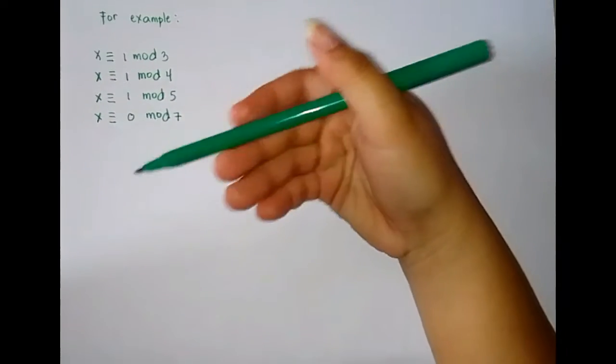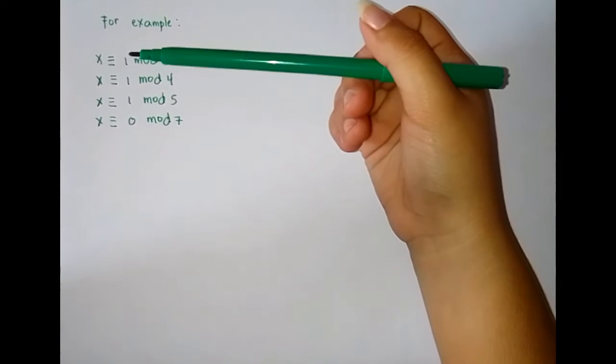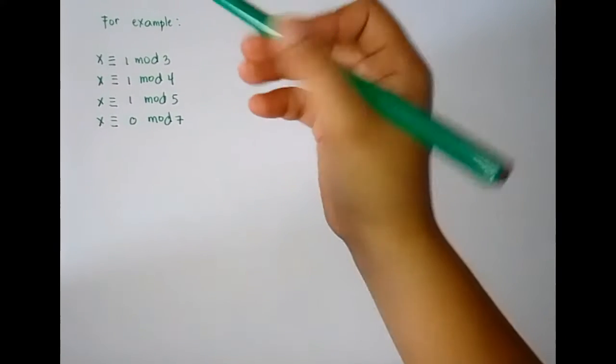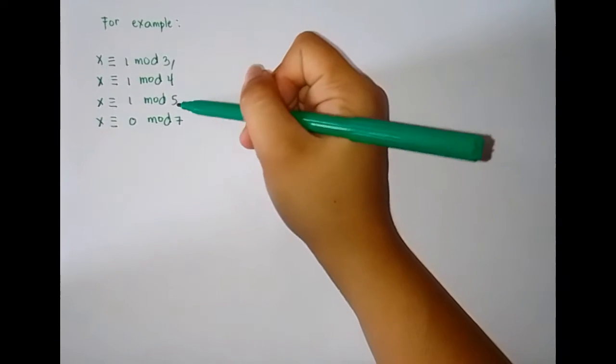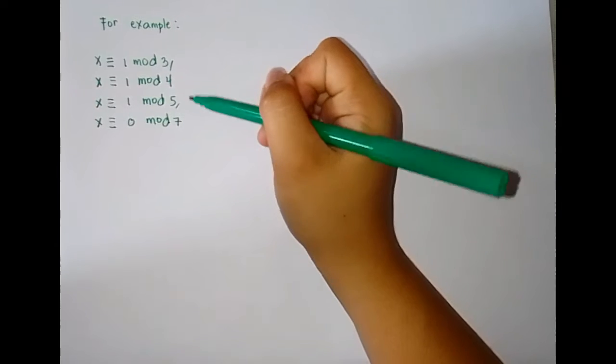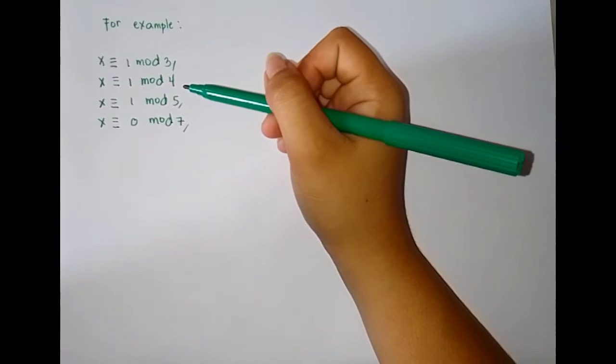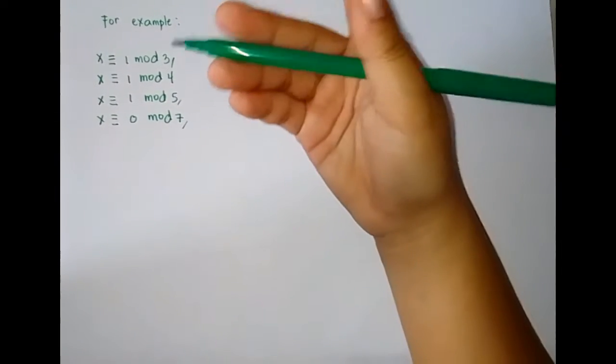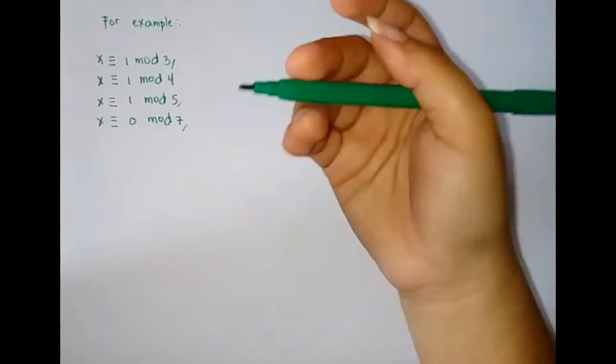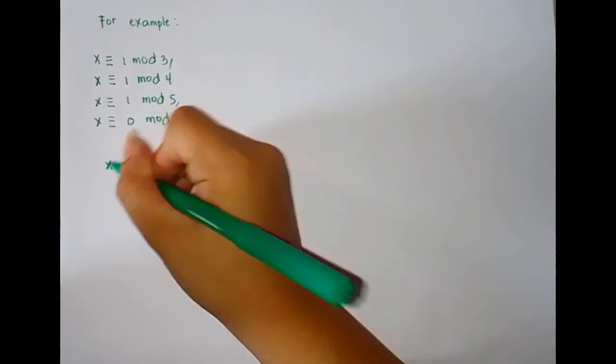Look at these given modulus. We can see that 3, 5, and 7 are prime numbers.